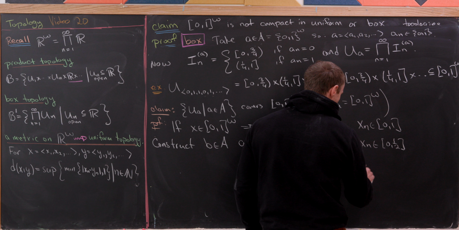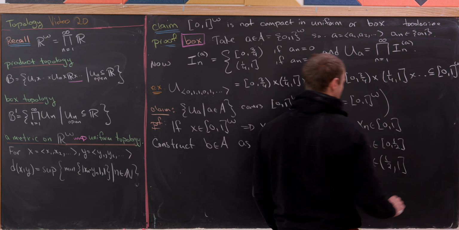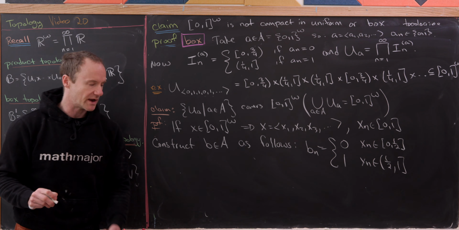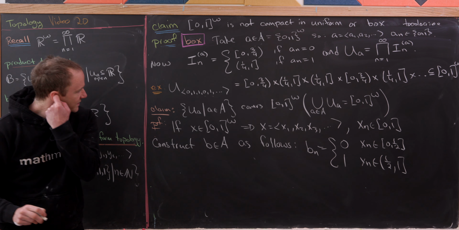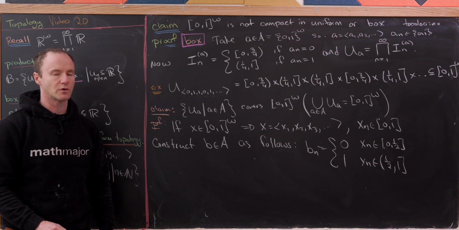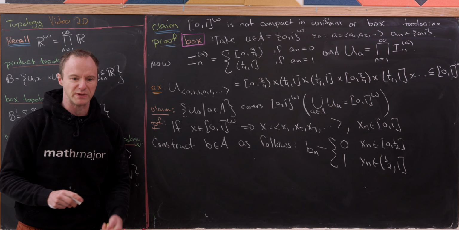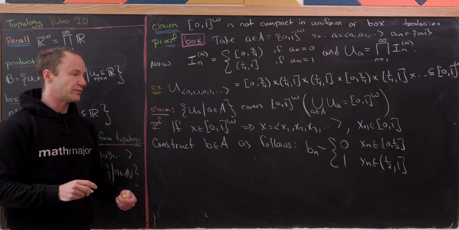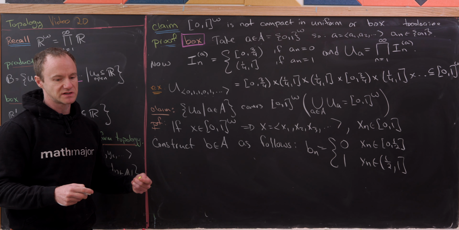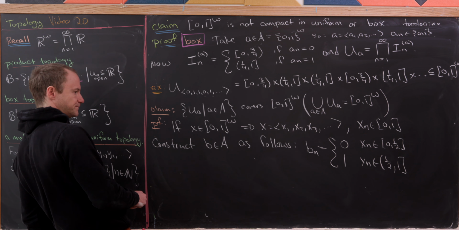But it's 1 if x_n is inside of the interval from 1/2 to 1, not including 1/2. So notice that these two intervals right here union to be the entire interval from 0 to 1. So this gives us a well-defined way of choosing our b. So our b is necessarily chosen to be exactly one of the numbers 0 or 1.